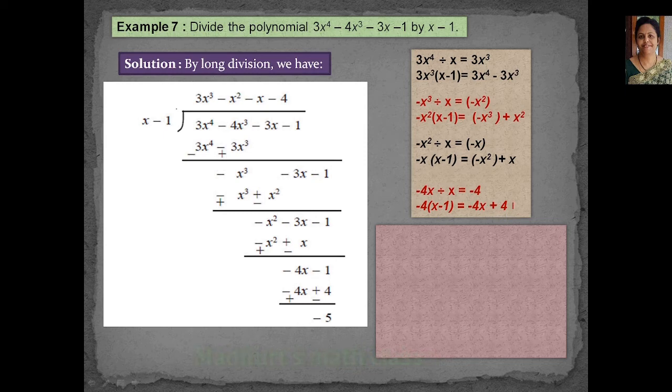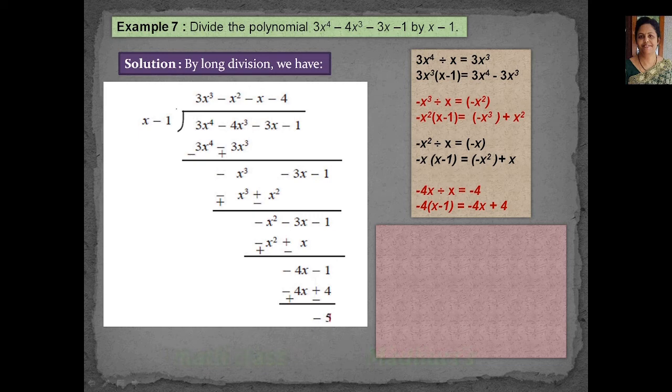So you subtract the product from the new dividend. So minus 4x minus 1 minus minus 4x plus 4. So minus 4x minus minus 4x is 0. Minus 1 minus 4 is the same sign, so plus 4 will become minus. So now same sign, sum 5 and same sign, negative 5.